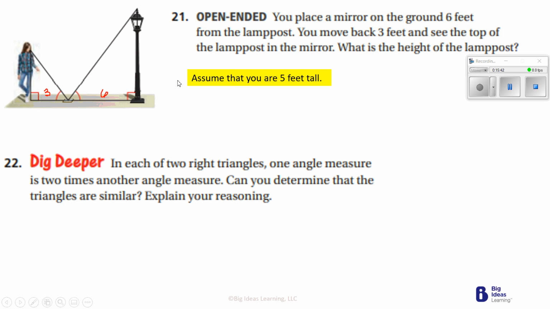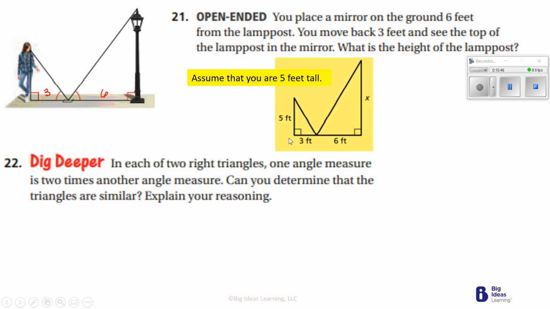So assume that you are 5 feet tall. If you're 5 feet and this is 3 feet, when 3 feet is doubled, again, you can make this cross multiplication: when it's 3 feet on the bottom, the person is 5 feet.